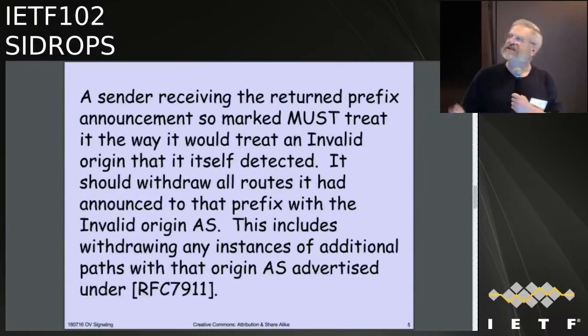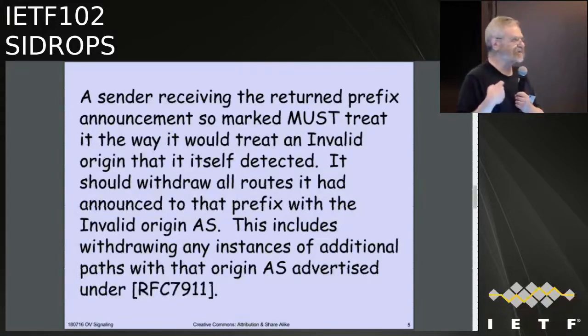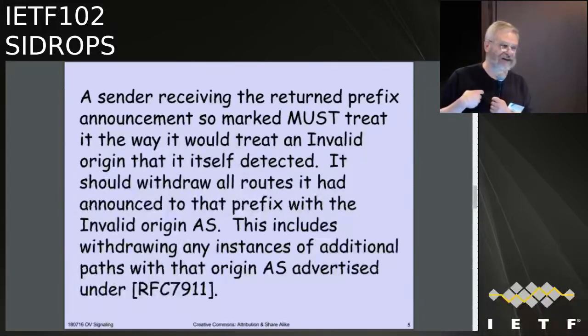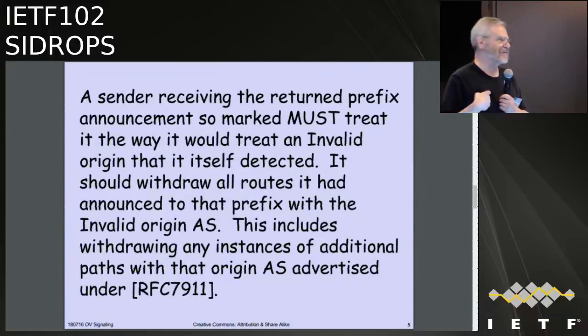The sender receiving the return prefix with the invalid marking must treat it the way it would treat an invalid origin that it itself detected. And that means withdraw any announcements of that prefix with that AS, and watch out for add path.